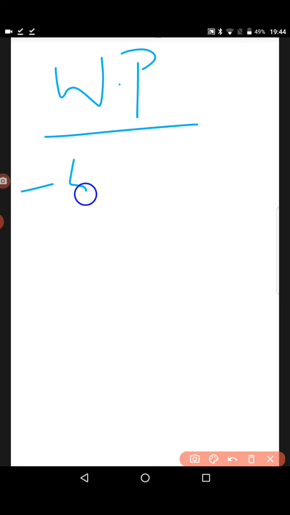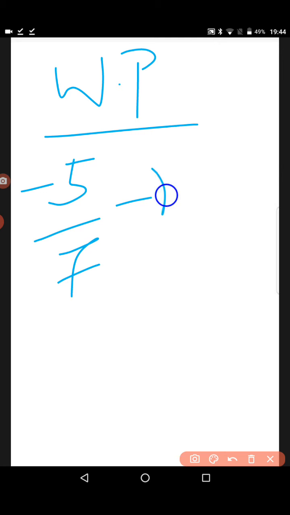Okay. Next we'll look at some word problems. We have one word problem. I am reading the question. Find the rational number that should be subtracted from minus 5 by 7 to get minus 1. The number whichever we have, that should be first. That is the main rule in subtraction.